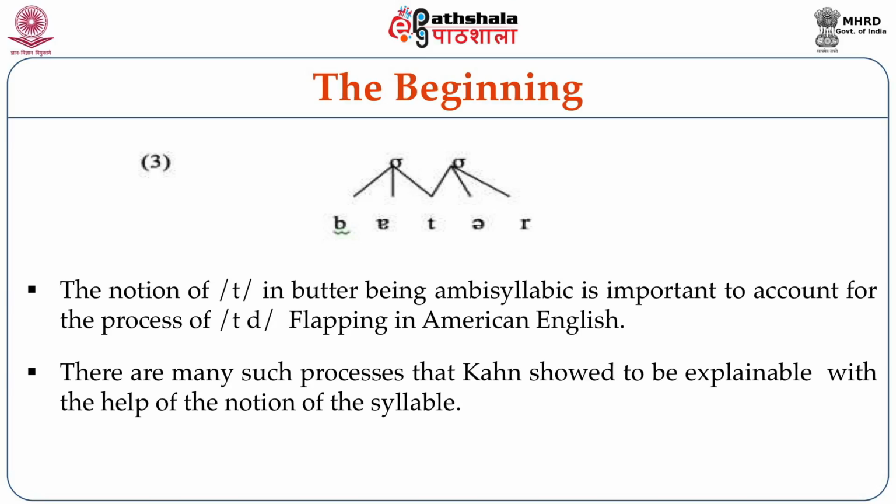If there is a t in this kind of position, which is called ambisyllabic position, ambisyllabicity, then t are flapped. If not, then they are not flapped. So the notion of ambisyllabicity adequately explained the process of flapping in American English.